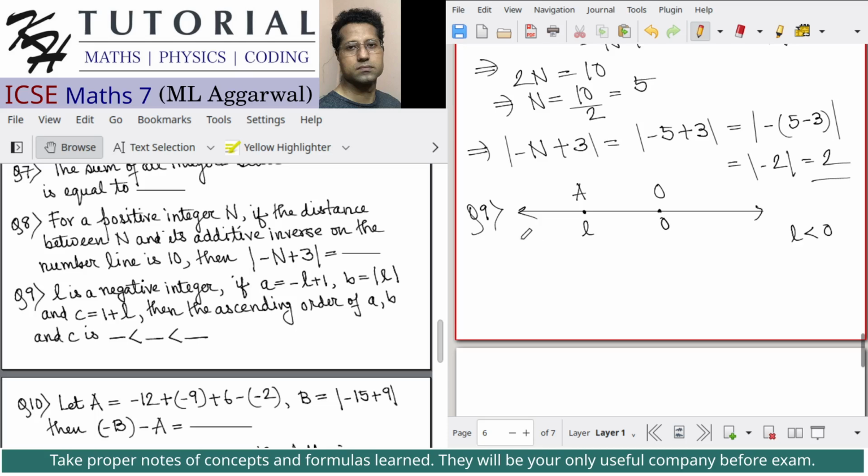Now let's see what will be the values. So what are a, b and c? A is equal to minus L plus 1.